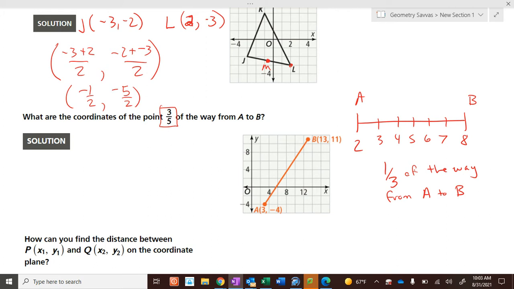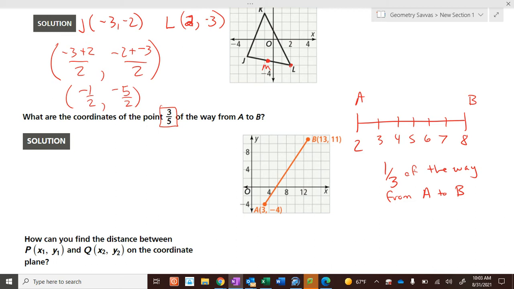When you're going 1/3 of the way or 3/5 of the way or however, you need to subtract and then multiply. So, how far is it from 2 to 8, Mia? 6.